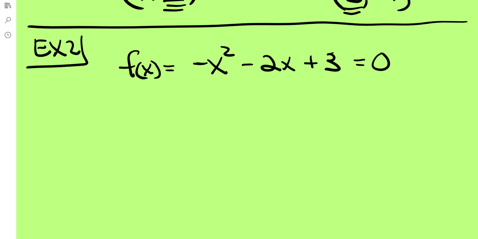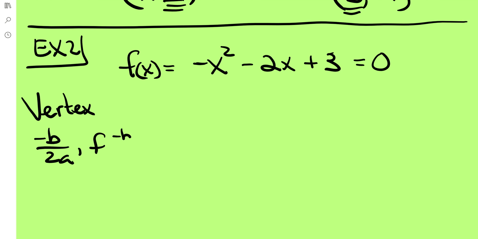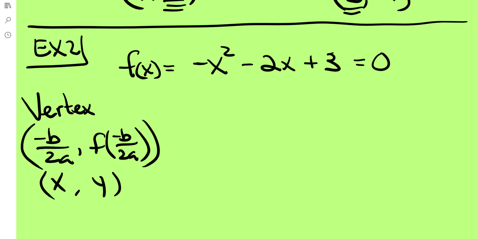Here's our example. It's negative x squared minus 2x plus 3 equals 0. And the first thing we want to find out is the vertex. Remember the vertex is negative b over 2a and f of negative b over 2a. This is all in parentheses, x comma y, and let's fill it in.